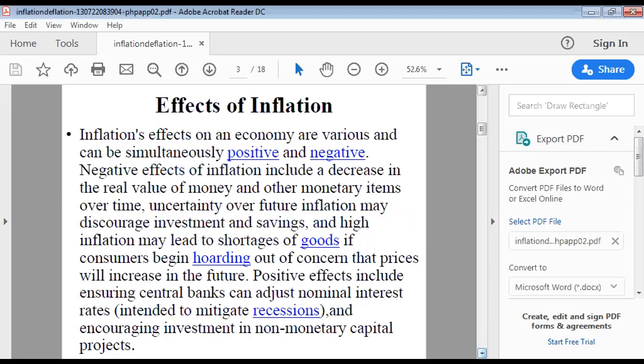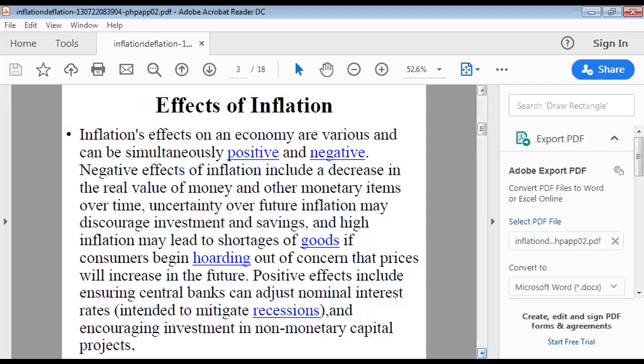In the next slide, effects of inflation. Inflation's effects on an economy are various and can be simultaneously positive and negative. Negative effects of inflation include a decrease in the real value of money and other monetary items over time. Uncertainty over future inflation may discourage investment and savings, and high inflation may lead to shortage of goods if consumers begin hoarding out of concern that prices will increase in the future.